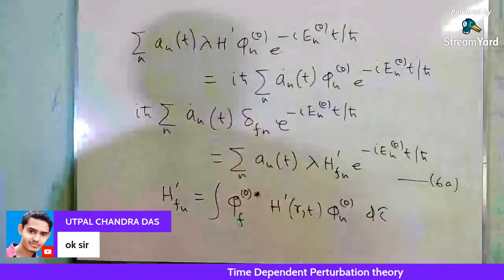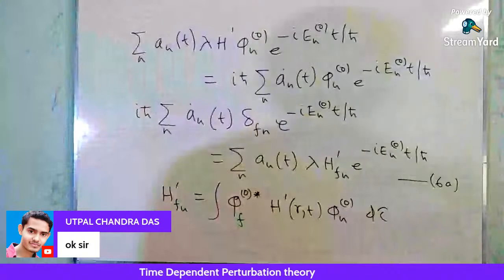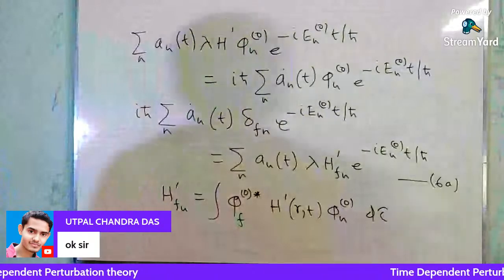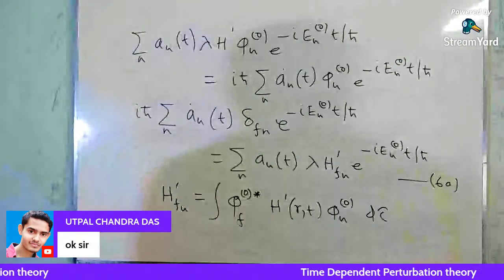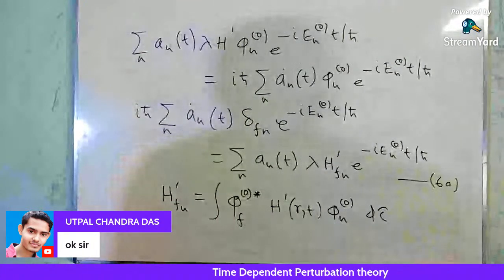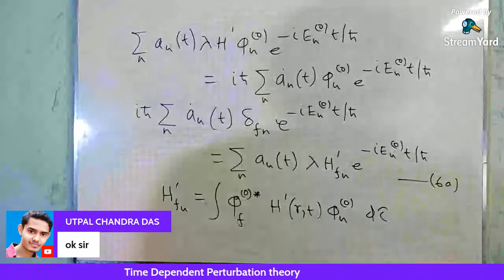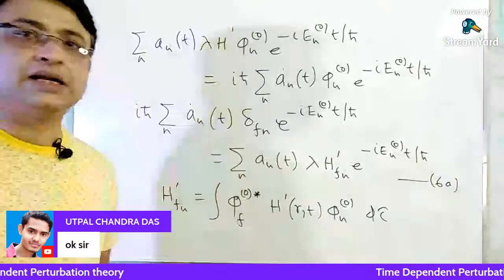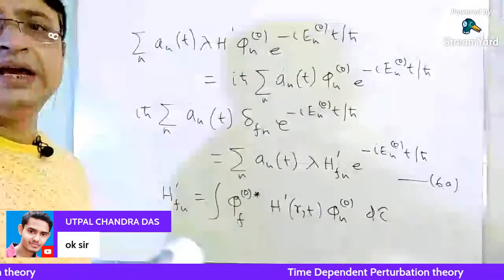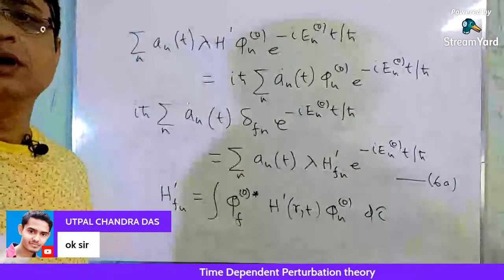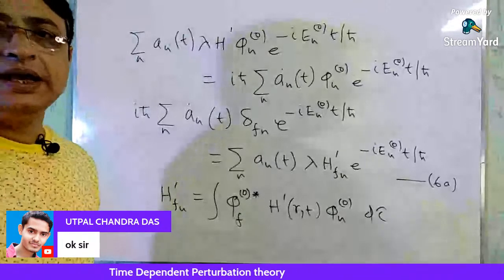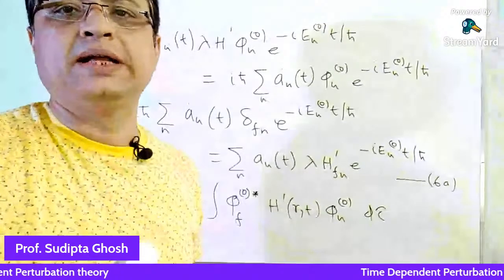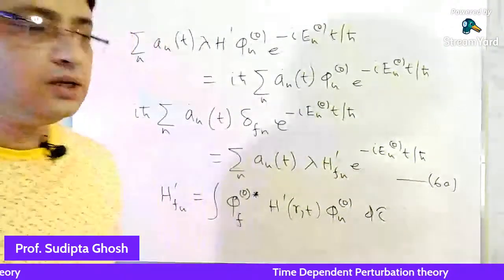Now, as usual, we are going to use the definition of the Kronecker delta function. So this equation 6a leads to, now for f equals to n, because the Kronecker delta is about fn, for f equals to n, as we know the Kronecker delta function will be 1.